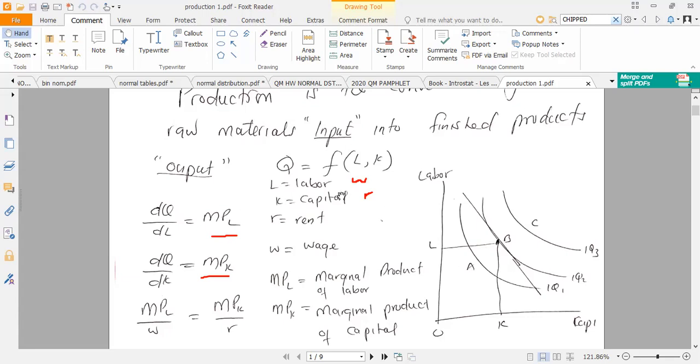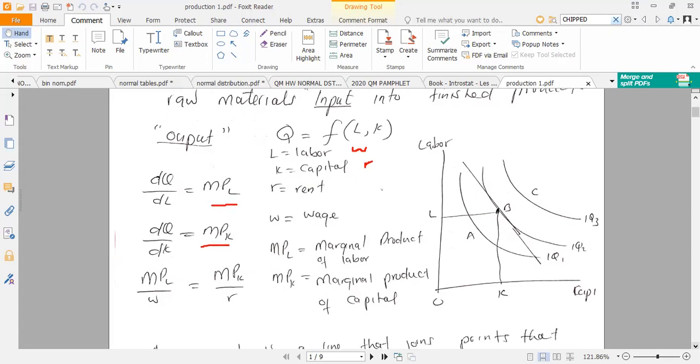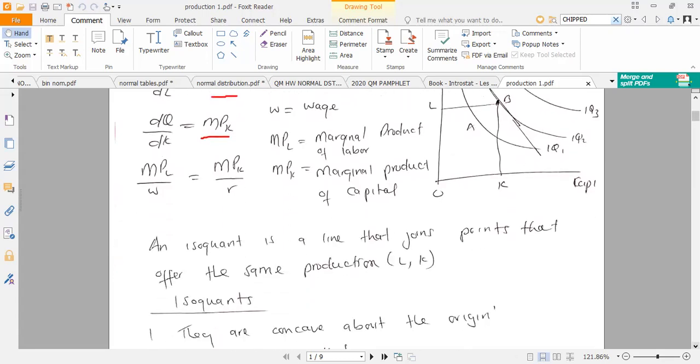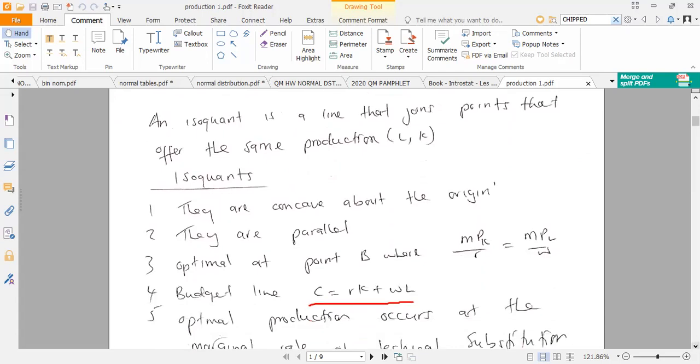The reward for labor is called a wage. The reward for capital is called rent. And so the cost function is given by C is equal to rent for capital plus wages for labor. So the isoquants, which are the lines joining the points that offer the same production, are parallel to each other.